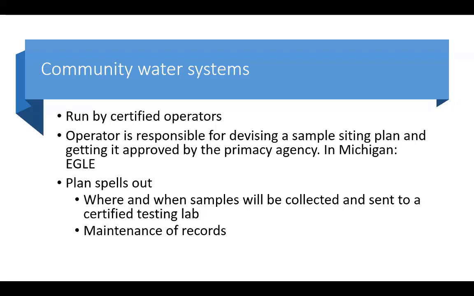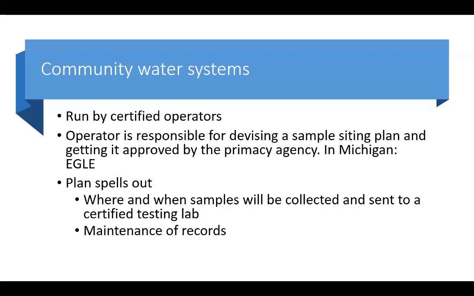The operator is also responsible for devising a sampling plan. That sampling plan has to be approved by the primacy agency. Every state except Wyoming has a state agency that is given primacy. They are responsible for overseeing the operation of these community water systems.